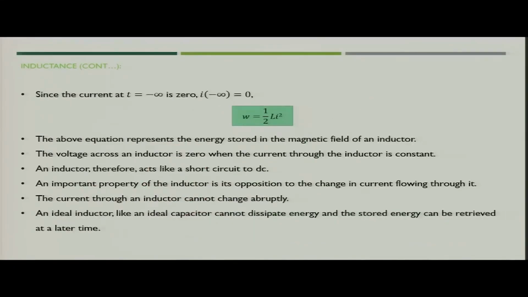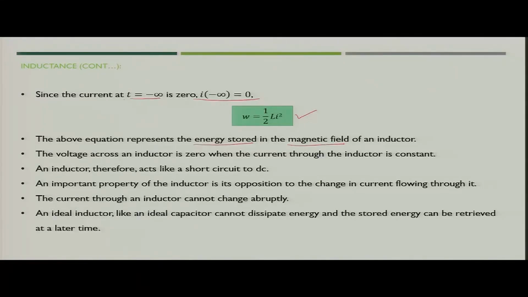At the initial condition we assume that at t equal to minus infinity the value of current is 0. So, finally, we get the total energy stored is half L I squared. This equation represents the total energy stored in the magnetic field of an inductor.